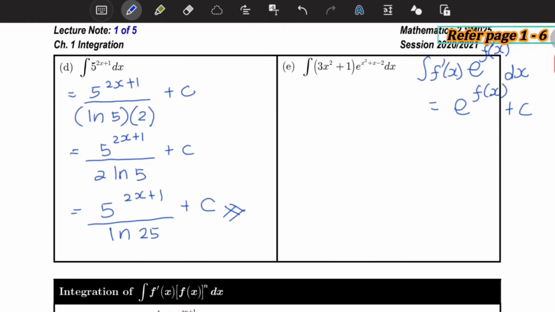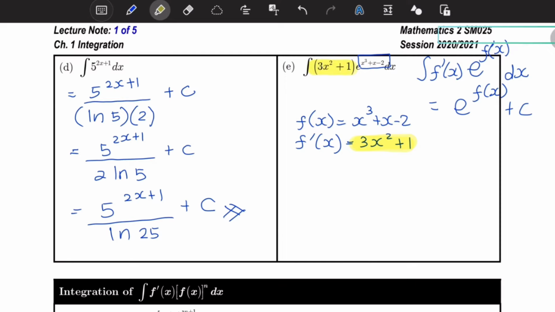And for this case, f x equal to, look at the power of the exponent, so we have x cubed plus x minus 2. f prime x equal to 3x squared plus 1. The derivative here is exactly the same as the front function.